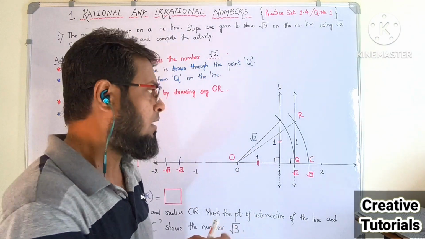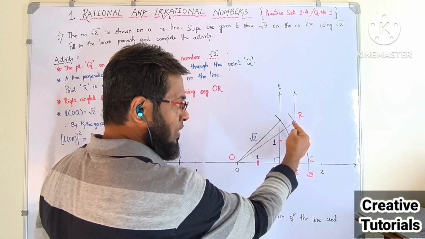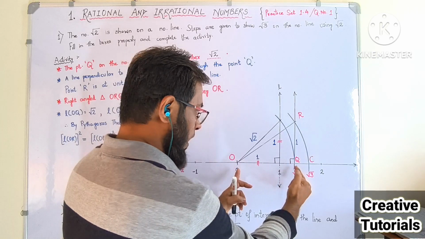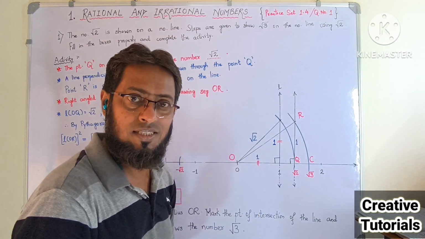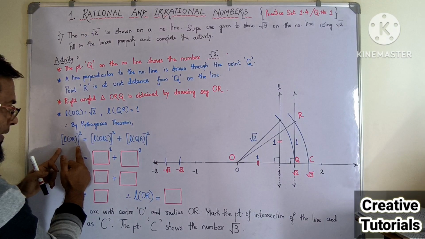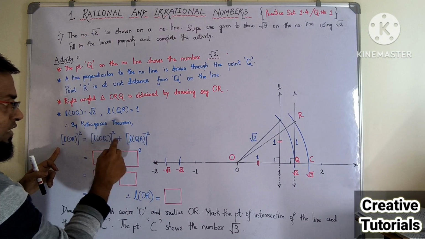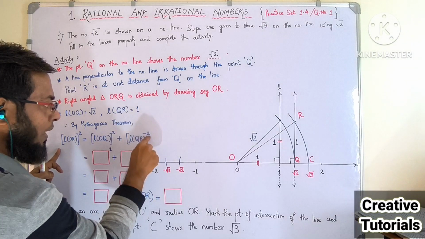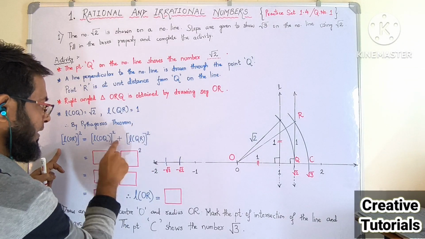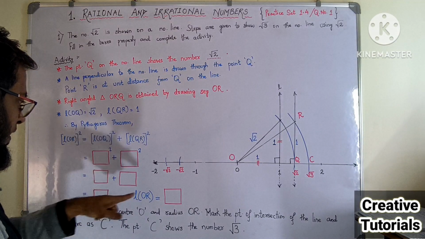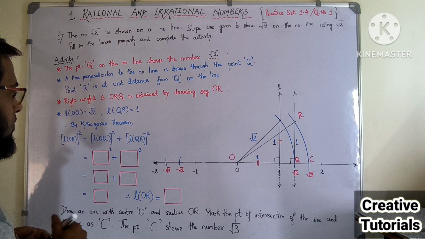Pythagoras theorem says that the square of the hypotenuse is equal to the sum of the squares of the other two sides. Right? So same thing is here. The square of the hypotenuse is equal to the sum, meaning addition, of the squares of the other two sides. Now we have to fill in these empty boxes.